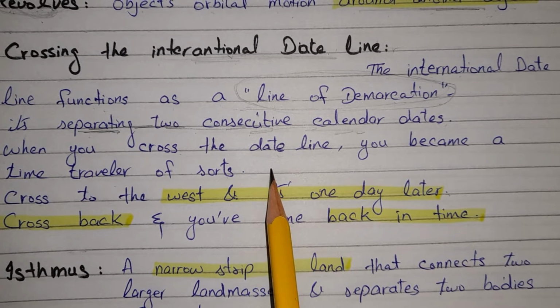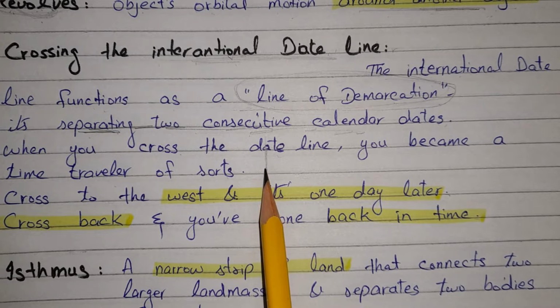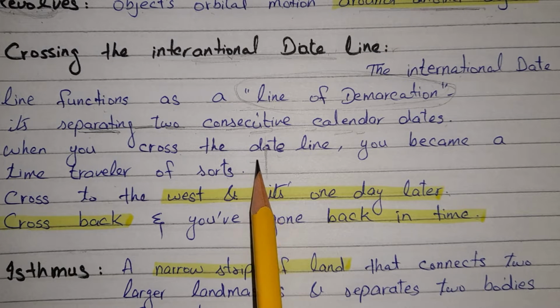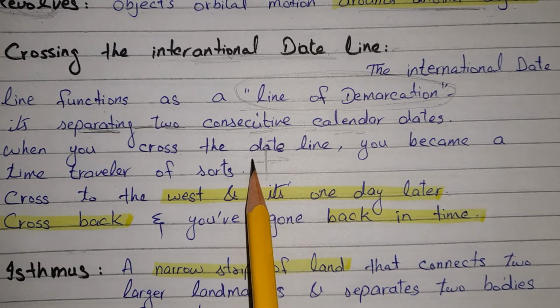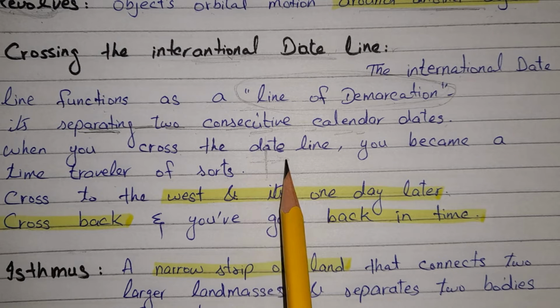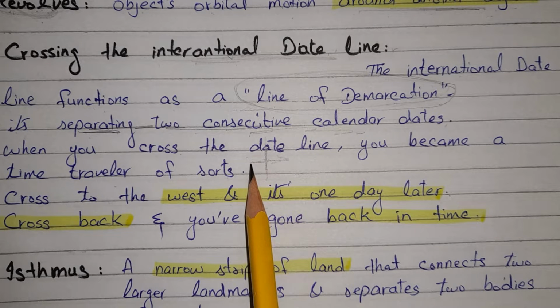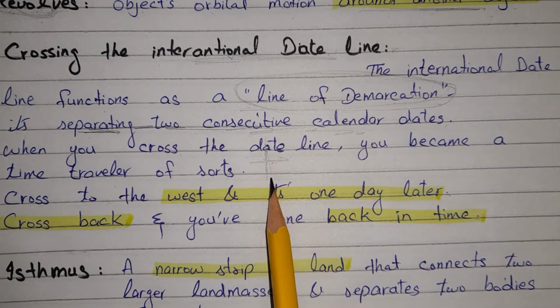For example, if you are crossing the international date line from east to west, you are crossing that line on Wednesday. But when you cross the line, you will enter into Friday. One day will be skipped.